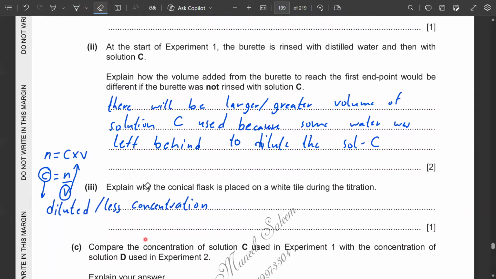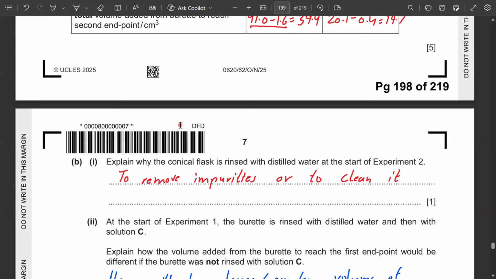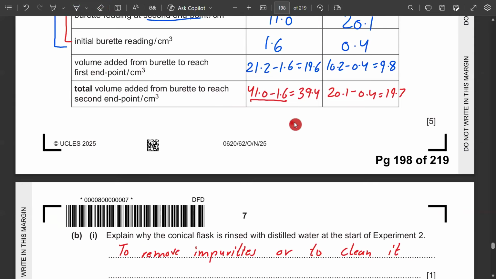Then, next part, explain why the conical flask is placed on a white tile during the titration. We have already attempted this kind of question before. The purpose of placing the flask on a white tile is just to see a clear color change.